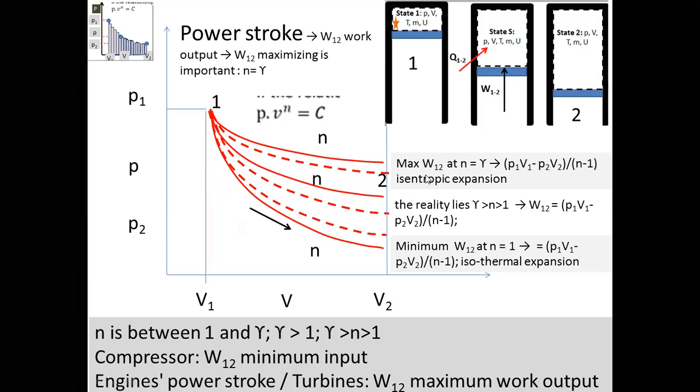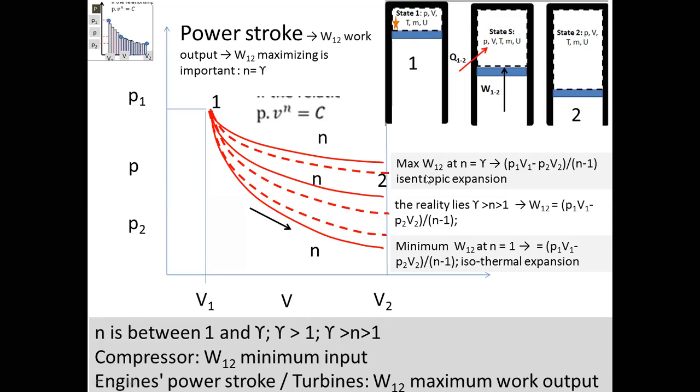The very good engines try to maintain this isentropic nature of expansion. The isentropic nature of expansion is very important for the engine's power. Even for engines there is a compression stroke. If the compression stroke somehow can be isothermal, it is much better.